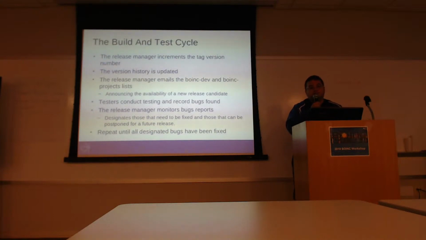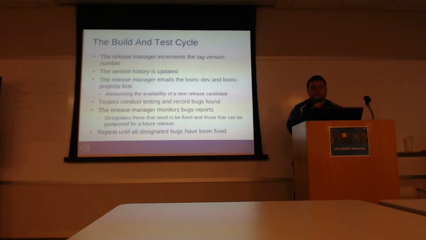The build and test cycle. The release manager increments the tag version number. Then the version history is updated. And the release manager emails the BOINC development and the BOINC project mailing lists, announcing the availability of a new release candidate.